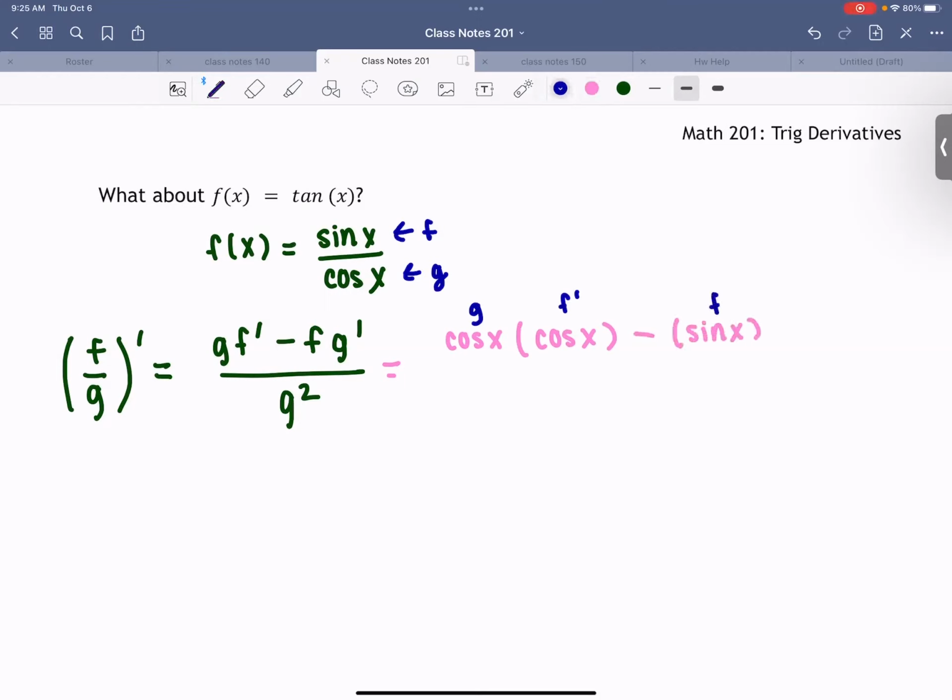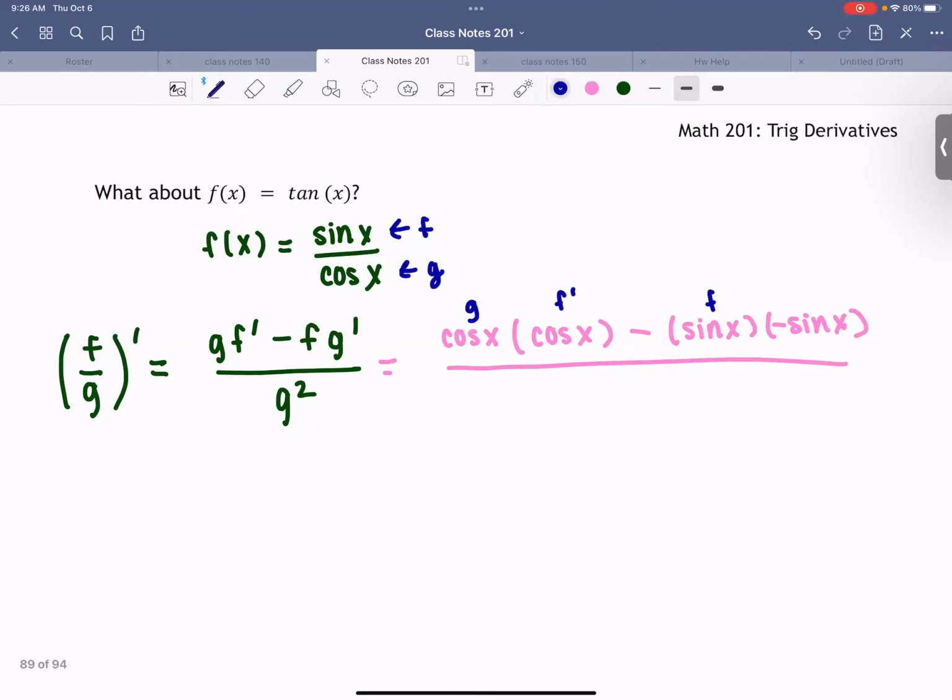Okay, so that's f. And what's the derivative of cosine? Negative sine, good. And we're putting that all over g squared. So this is g prime. We're putting this all over g squared, cosine x squared.